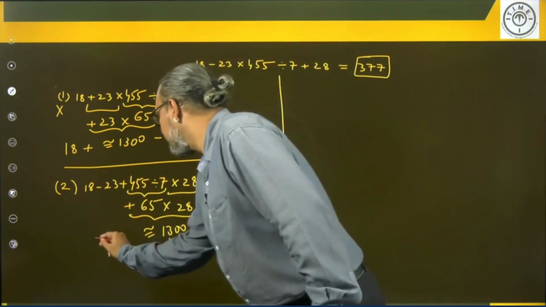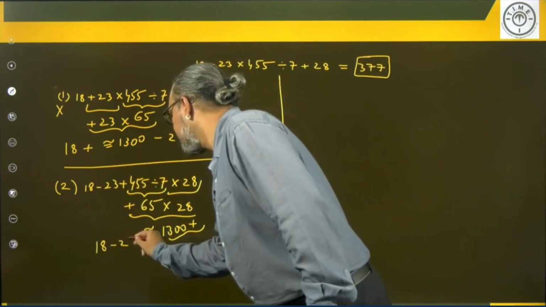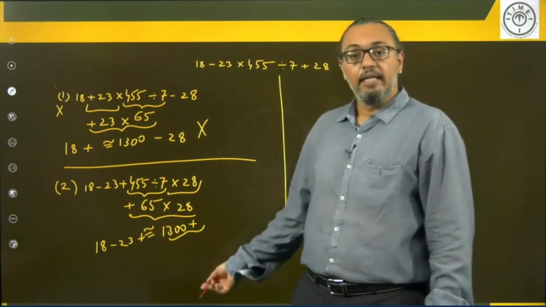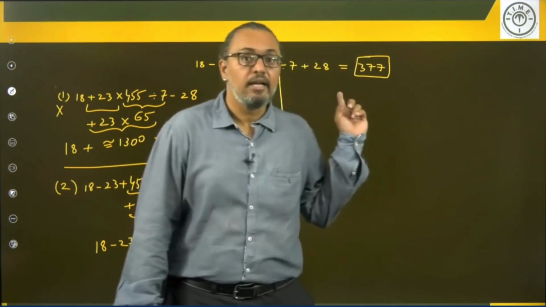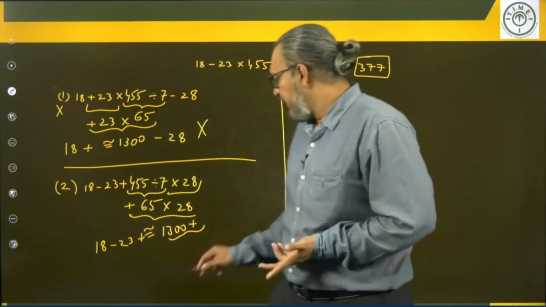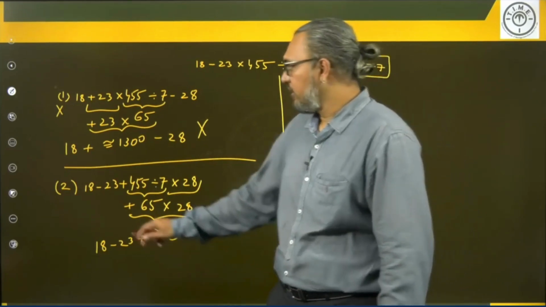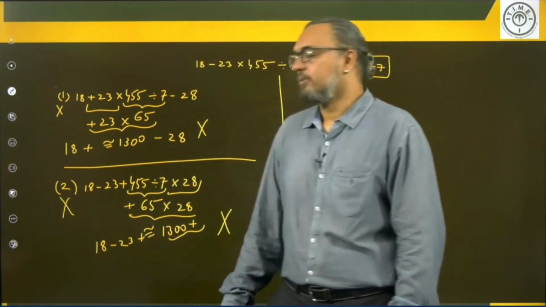And then what is there in the beginning? We have 18 and negative 23 plus. So again, am I going to get 377 on the right hand side? No. So that means you don't have to further invest your time in this particular option. So this is also not possible.